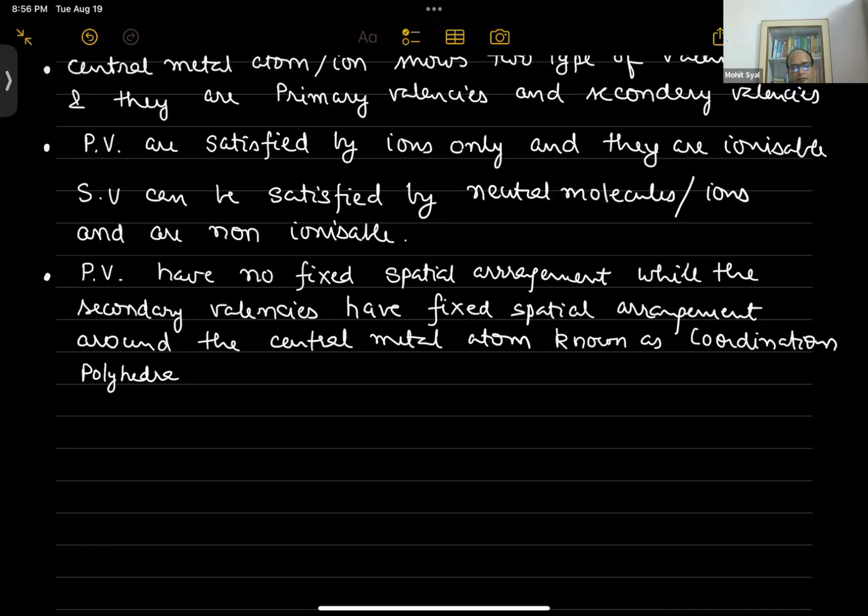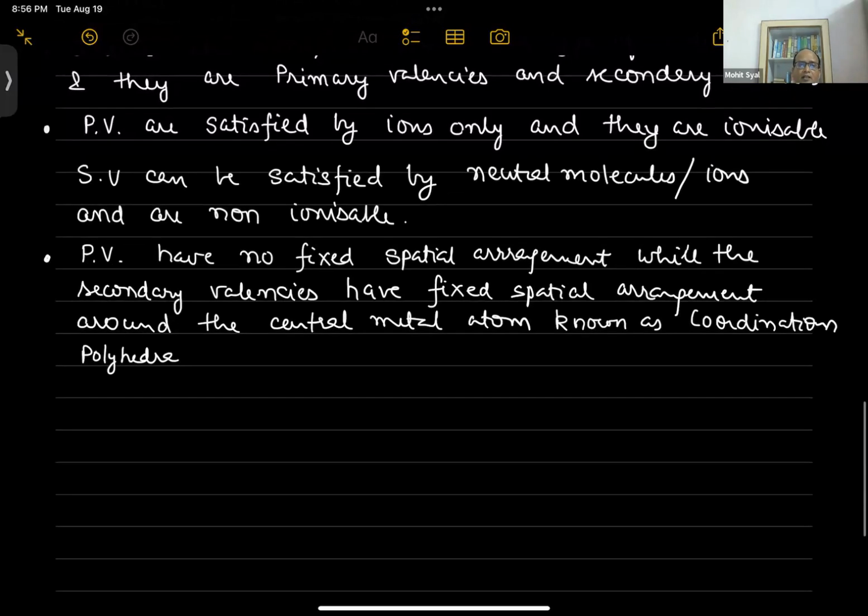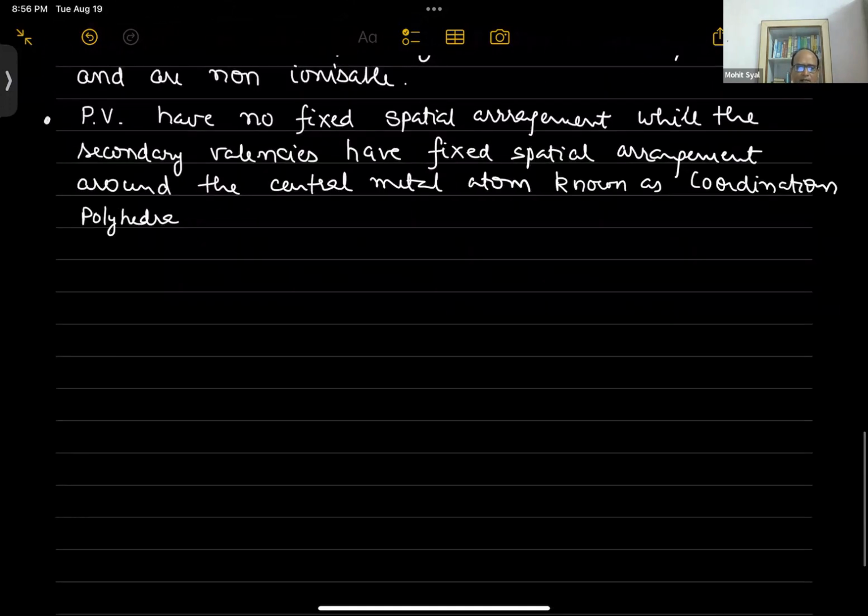Got it? Yes, sir. So that coordination polyhedra is mentioned in the square bracket. Whatever is in the square bracket has fixed arrangement or geometry around the central metal atom or ion.